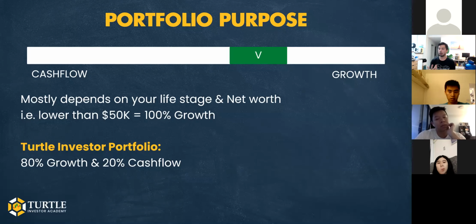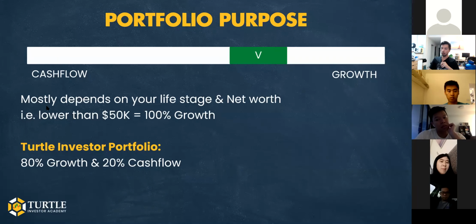Mostly we use this cash as ammunition when there's a market correction. Like recently when QQQ dropped more than 10%, I used some of the cash to buy more shares or buy some call options as well. So that's what the 20% cash is used for, for cash flow roughly.